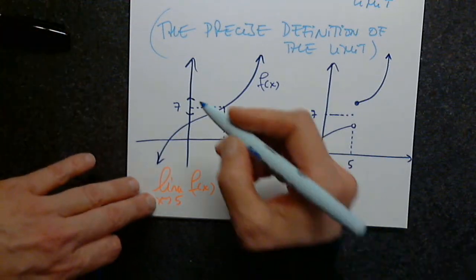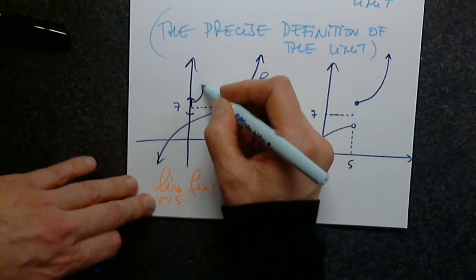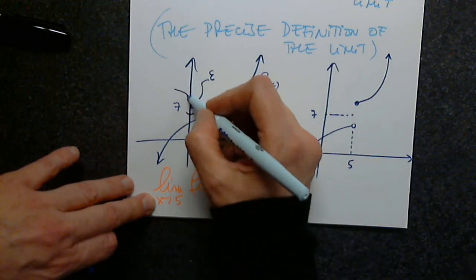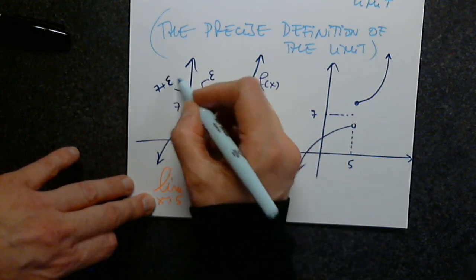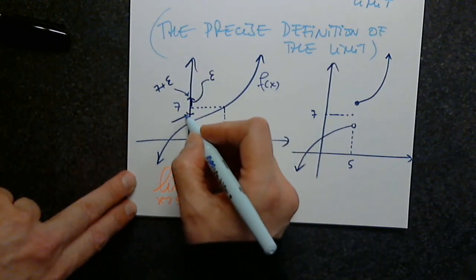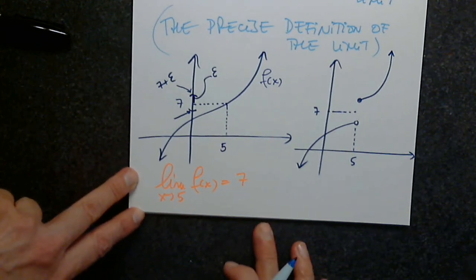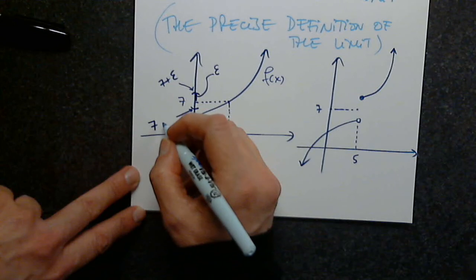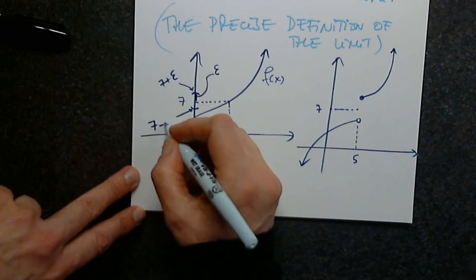I select the width of this interval, and that is epsilon. So obviously the upper point will be 7 plus epsilon. Epsilon can be 0.1, 0.01, can be anything you want. And obviously the bottom part of the symmetric interval will definitely be 7 minus epsilon.